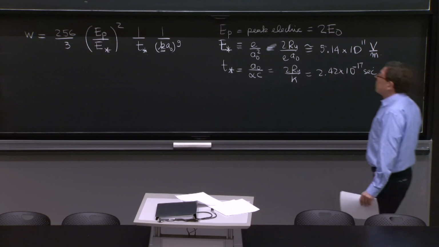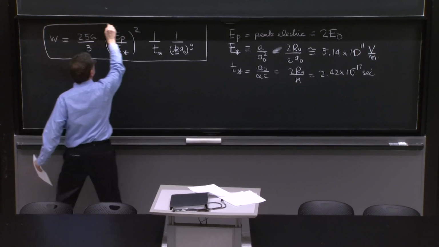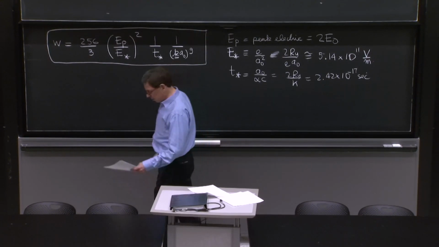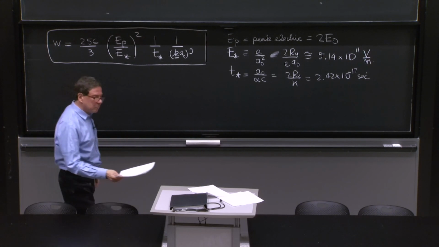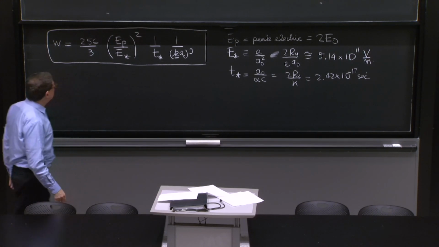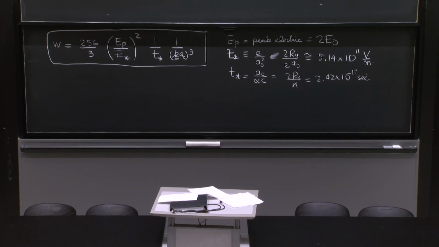So this is the last form we'll take. Atomic physics books would consider that the best way to describe the physics of the problem. And this is really all we're going to say about ionization.